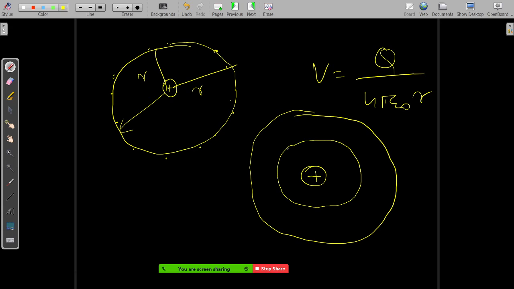At all the points on this sphere, the potential will be the same. Similarly, other spheres will be formed. At each sphere, a different potential will be there, but on all points on that particular sphere, the potential will be the same. So these are several equipotential surfaces, having the same radius or something.